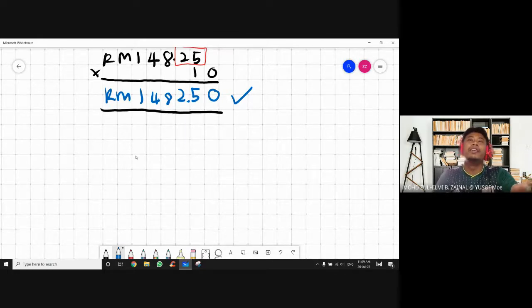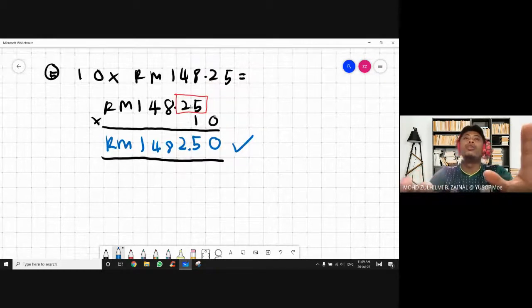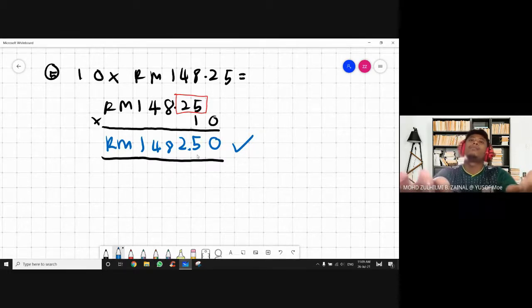Cara senang ini. Okay. Sebab the point is you have to make sure to memorize this. Always remember that in ringgit there are only two decimal points per cent. Ada 2 je titik puluhan untuk cent tu. So ada 2, make sure number dia belakang tu 2 tu letak titik point cent tu.